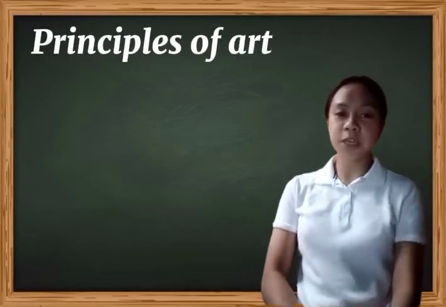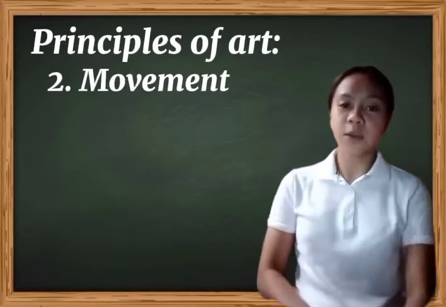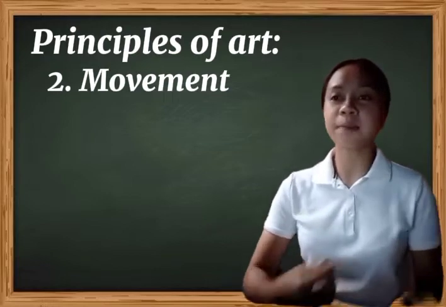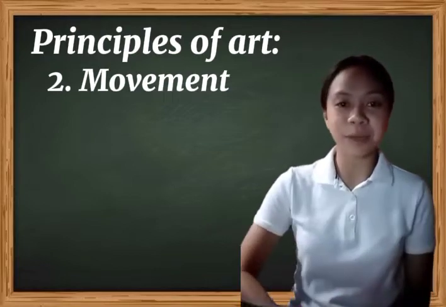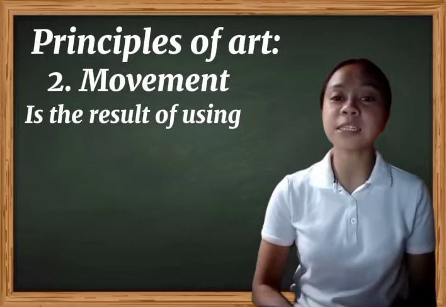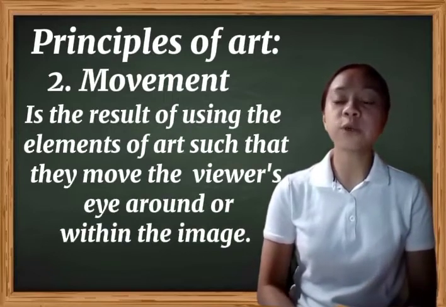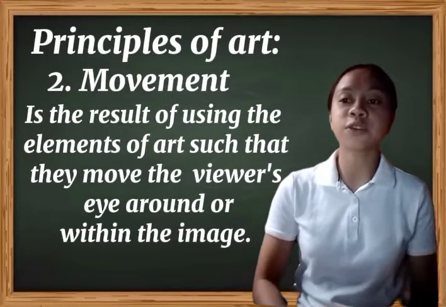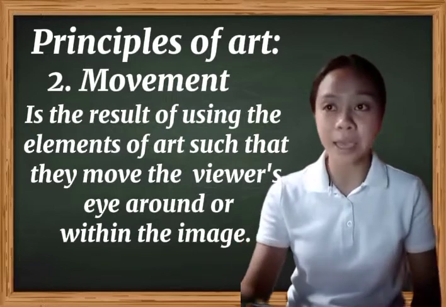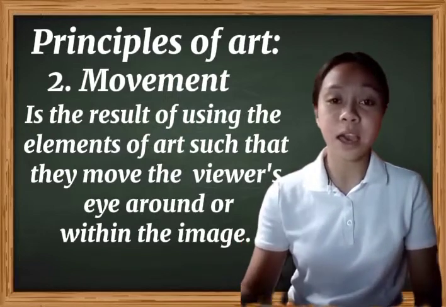So now let's proceed to movement. Can anyone give an example or the meaning of movement? Movement is the result of using the elements of art such that they move the viewer's eye around or within the image.